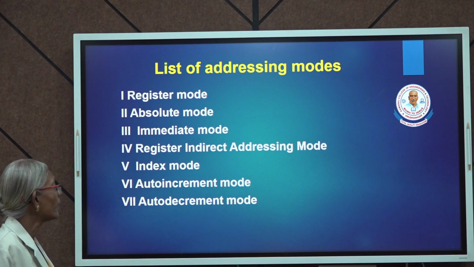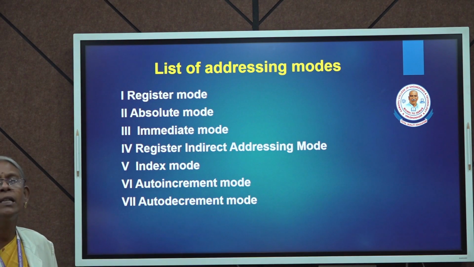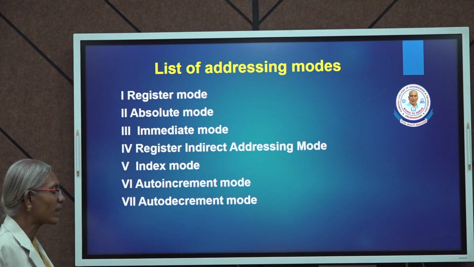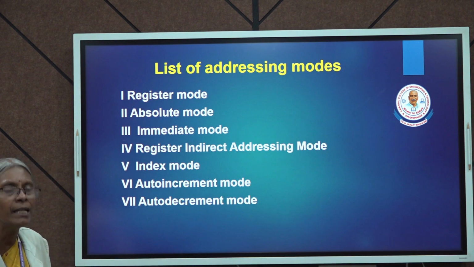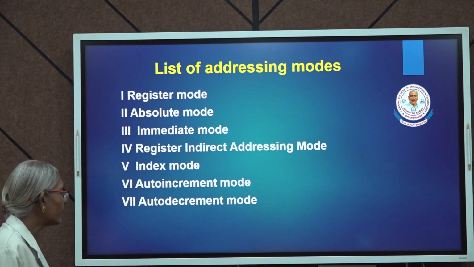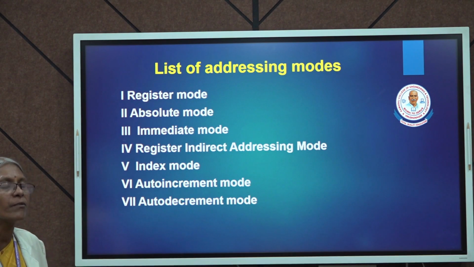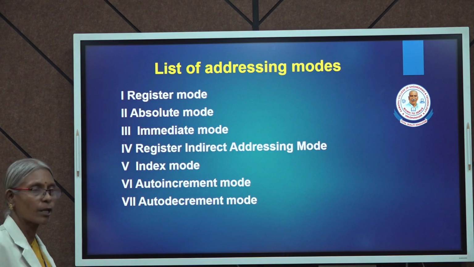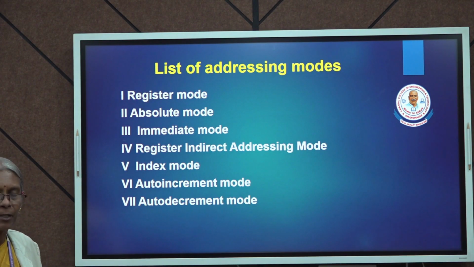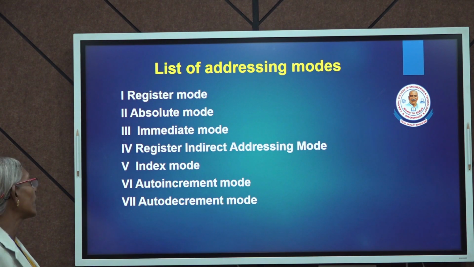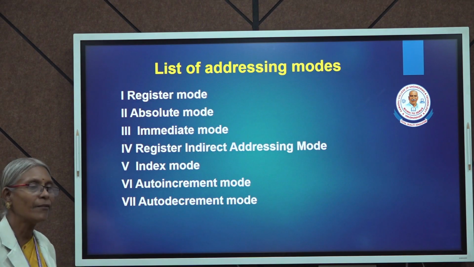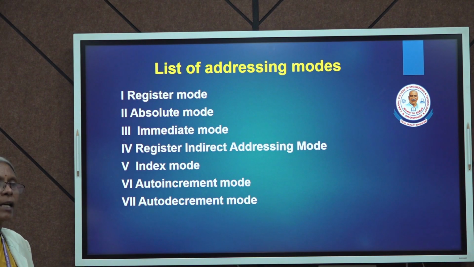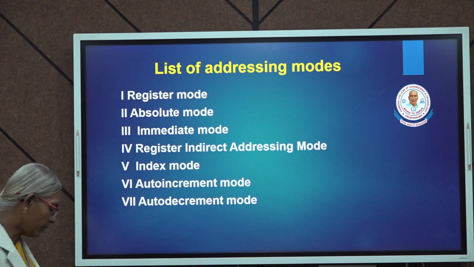I have the register indirect addressing mode, where the register contains the address of the operand, and from that address I have to fetch the operand. I have the index mode, where a constant is added to the contents of the register. I have auto increment mode, where the register content is incremented automatically. Similarly, I have auto decrement mode, where the content of the particular register is decremented automatically.